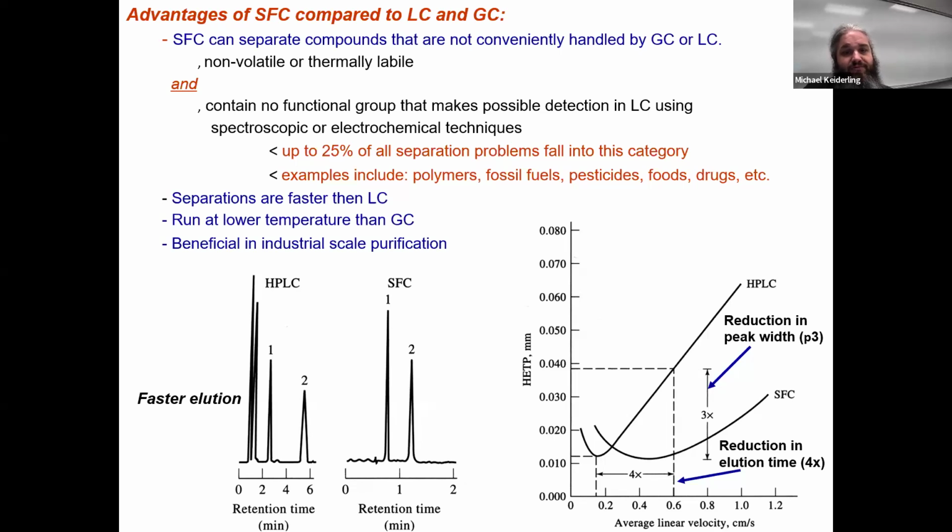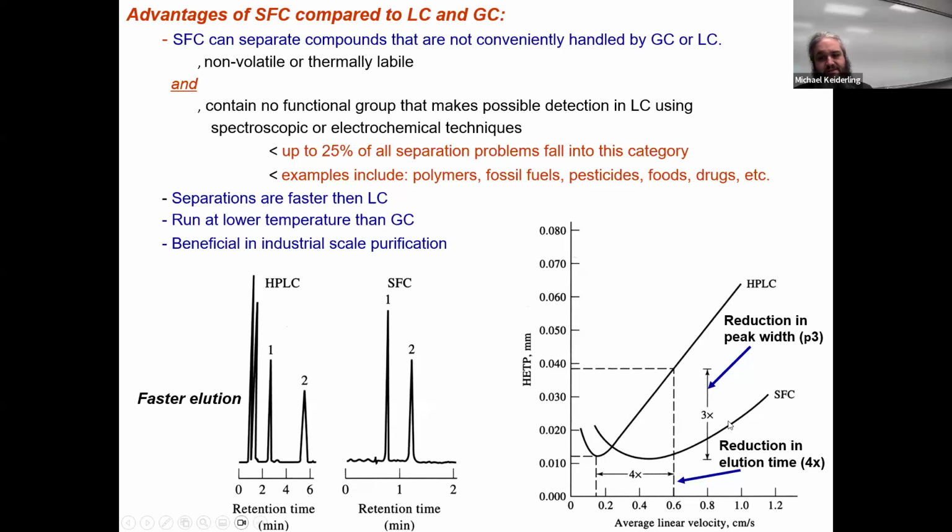About 25% of separation problems fall in this category, things like polymers, fossil fuels, pesticides, foods, drugs. The separations are faster than liquid chromatography. They run at lower temperatures than gas chromatography, and this is beneficial in industrial scale purification.